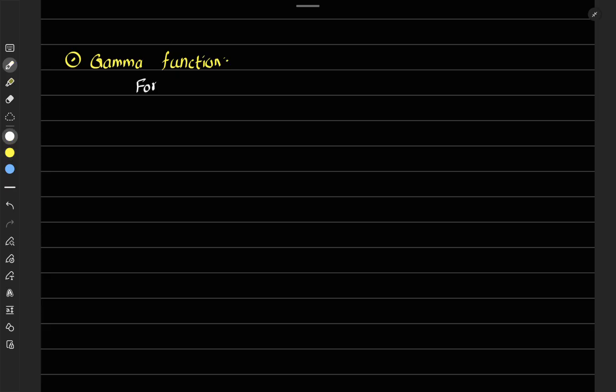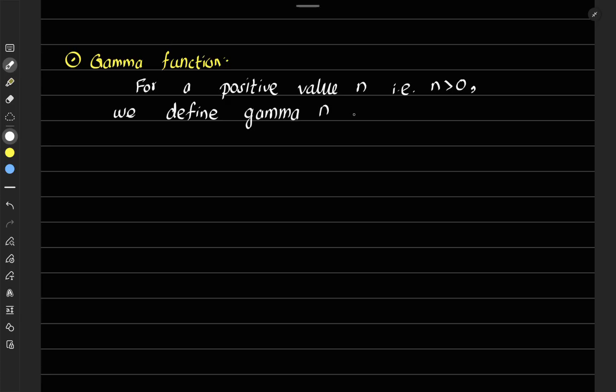for a positive value n, that is n greater than 0, we define gamma n, denoted by this capital gamma n, as: we'll write down gamma of n.